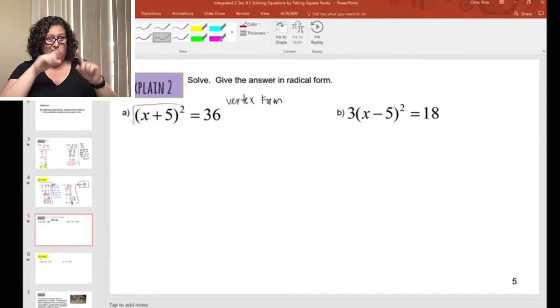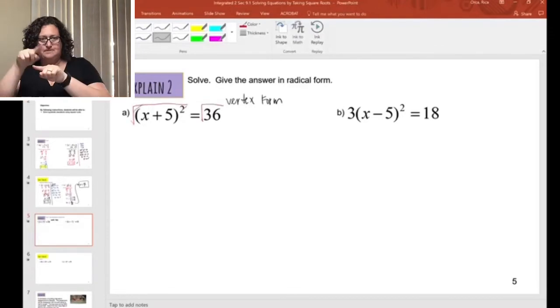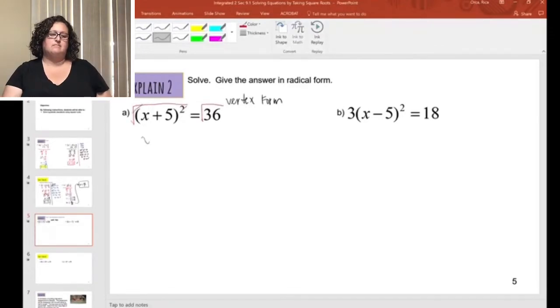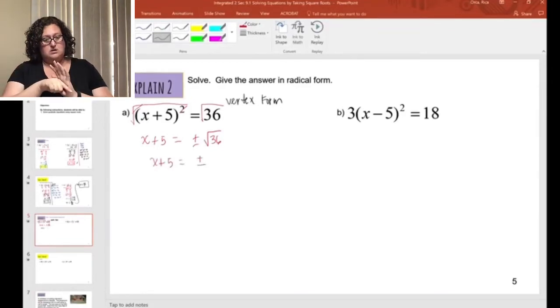So we're just going to take the square root of both sides. The square and the radical are going to cancel out. And it's going to leave us with x plus 5 is equal to plus or minus the square root of 36, which is the same thing as x plus 5 is equal to plus or minus 6.